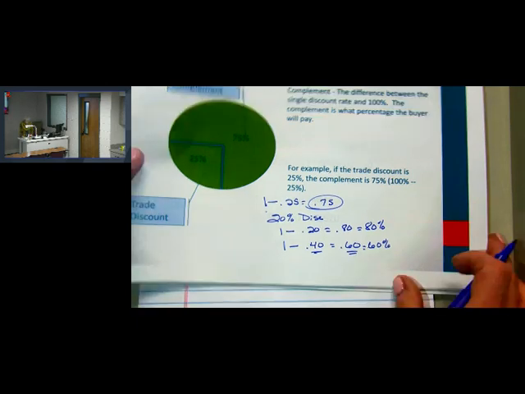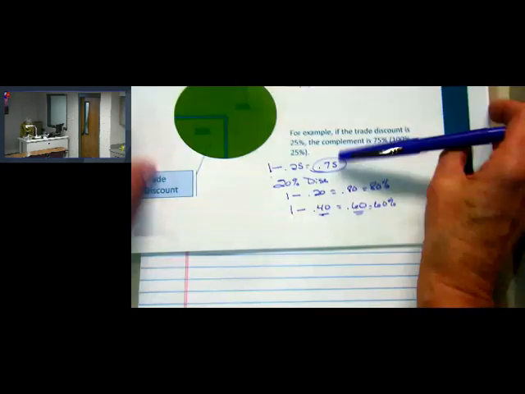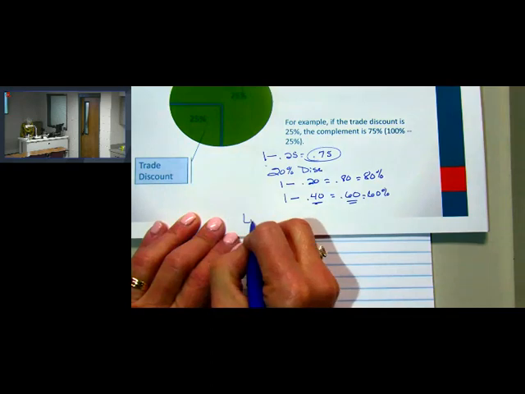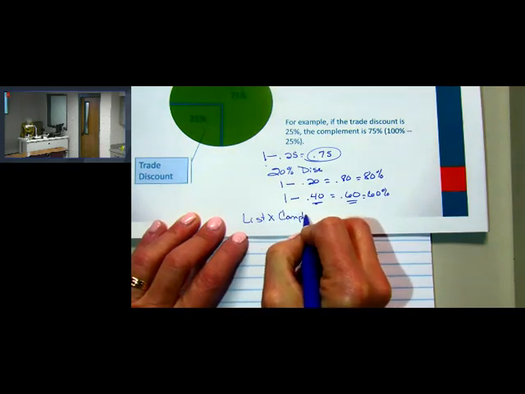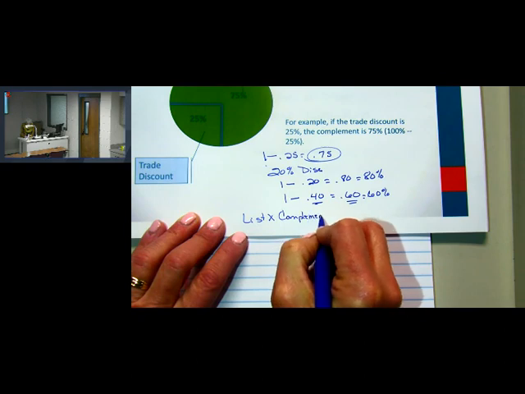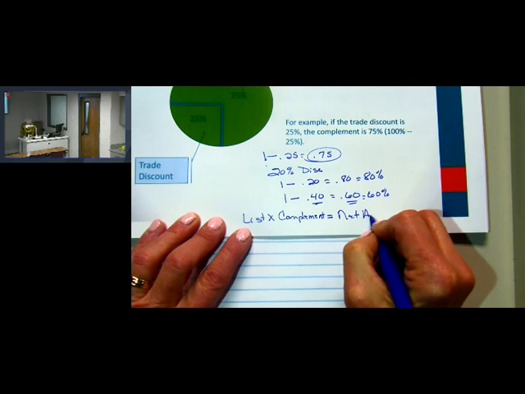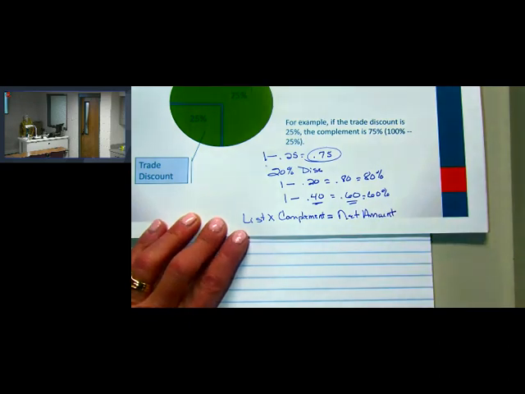One more note on here. If you take your list times the complement, it's going to give you automatically the net amount. Okay?